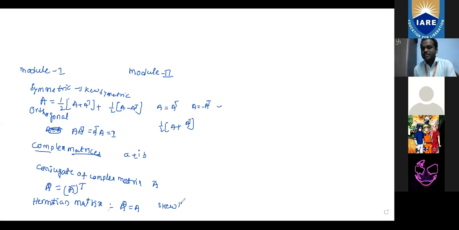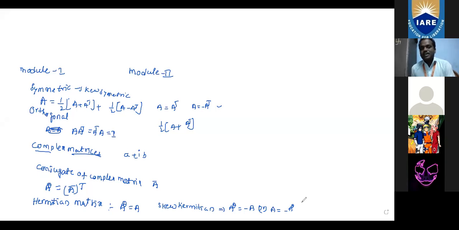Skew Hermitian: if any complex matrix satisfies the condition A power of theta is equal to minus A, or A is equal to minus A power of theta, that matrix is called a skew Hermitian matrix.